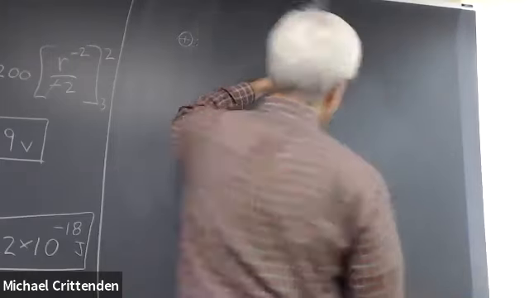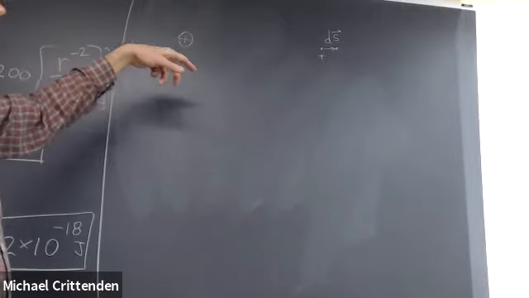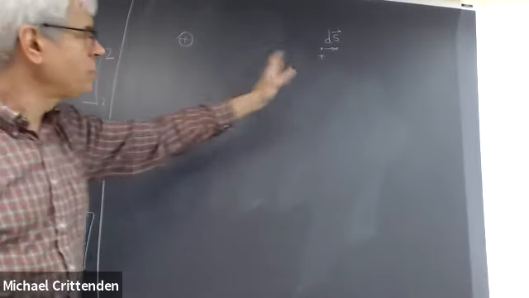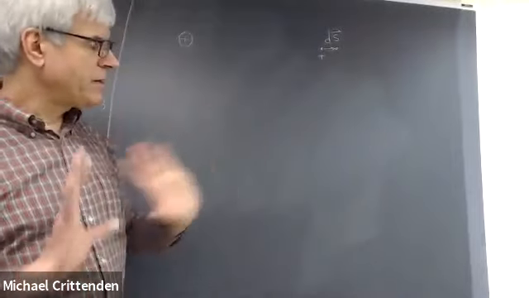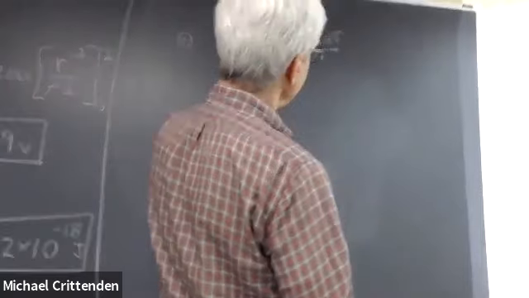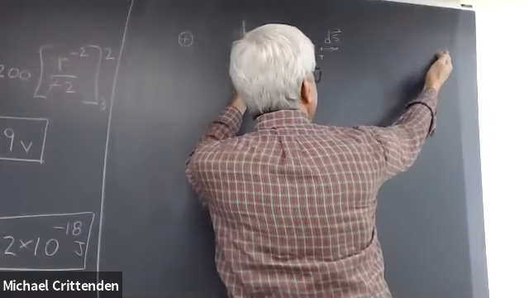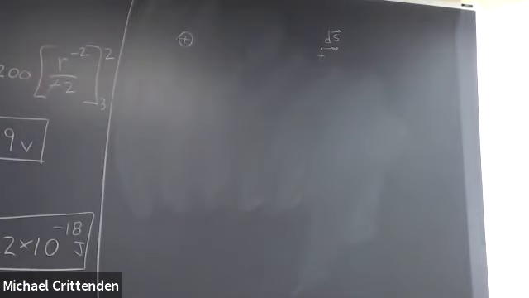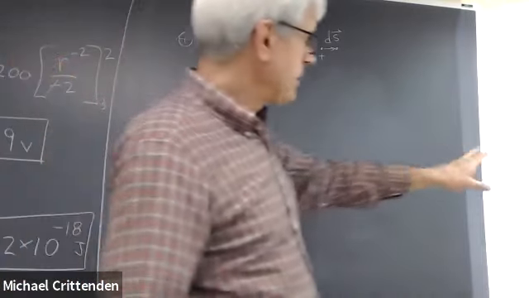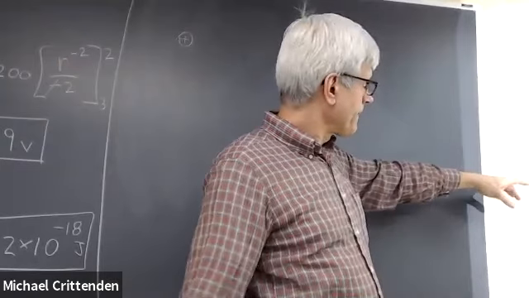That's ds, okay? And while it's moving from there to there, this K over R squared force is pushing on it. If the thing is going to go from there to there, you have to take that entire displacement, cut it into lots of little pieces, and add up the work done in each little piece. Each little piece is F dot ds.